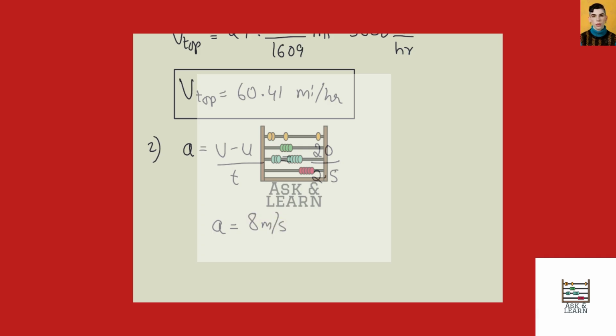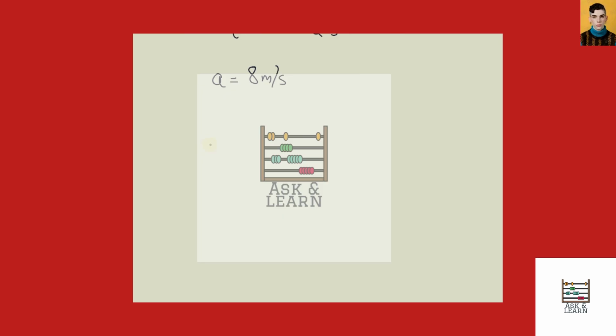Now from this acceleration, I can find out the time required to reach the top speed. So t is equal to v minus u divided by a. We have just rearranged the above equation. So v is 27, because we have to find the top speed time, divided by 8. So t turns out to be 3.375 seconds. And then displacement, so how much distance?